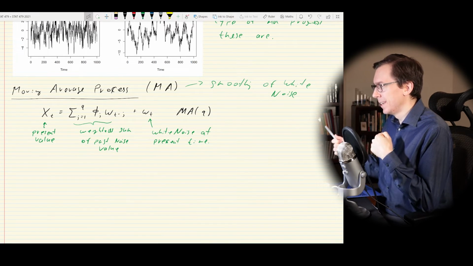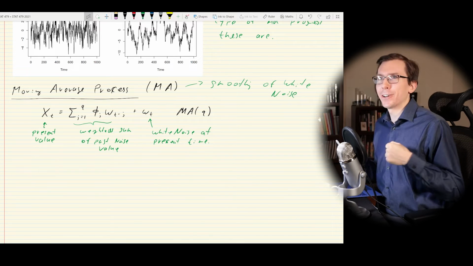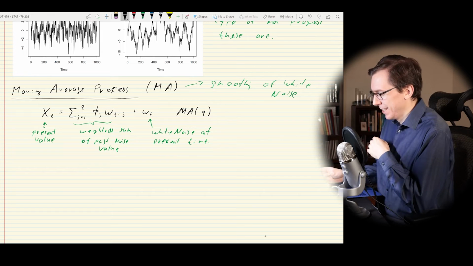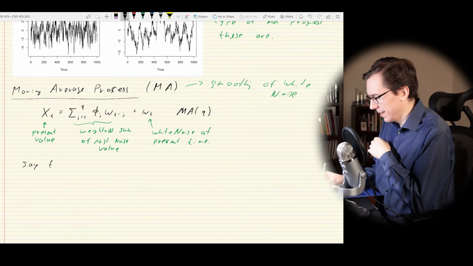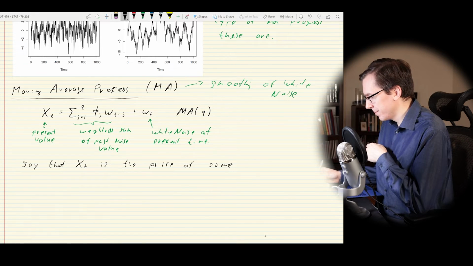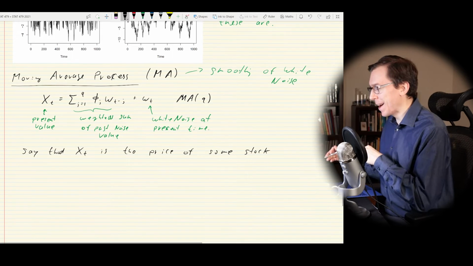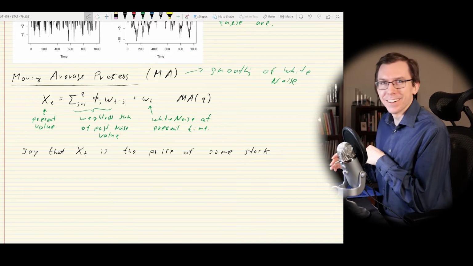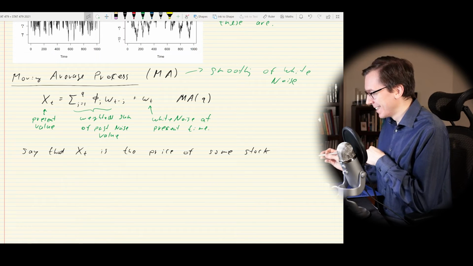So perhaps the easiest way to think about this is in terms of a stock market. Say that x_t is the price of some stock. I don't actually know much about finance math, so if I am a little bit imprecise with the language, don't get too mad.